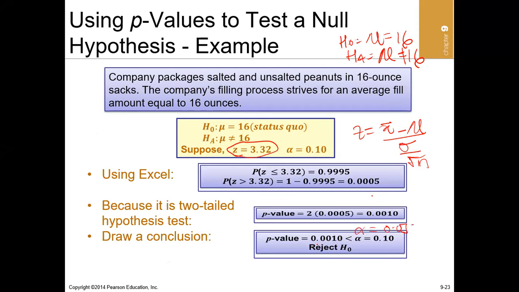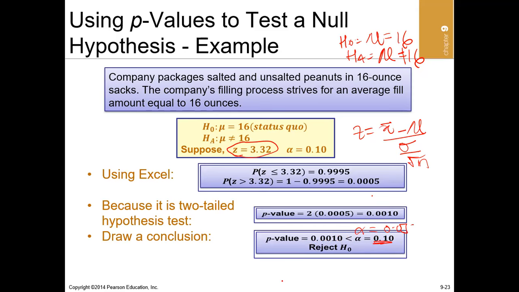And 0.001 is less than 0.05. So we will still reject because we are still lingering in the rejection region. Even if you are testing alpha at 10%, you still reject because we are still lingering in the rejection region, okay? 0.001 is within the rejection region up until 0.1, all right?